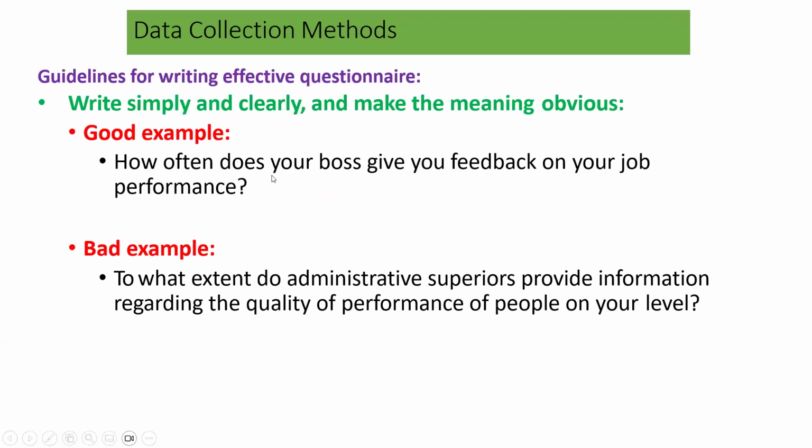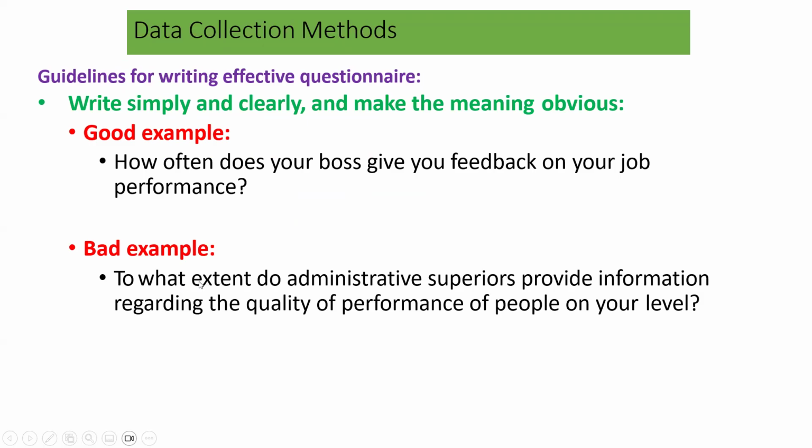Good example: how often does your boss give you feedback on your job performance? Very simple question. Bad example: to what extent do administrative superiors provide information regarding the quality of performance of people on your level? Right? To what extent is simply vague.